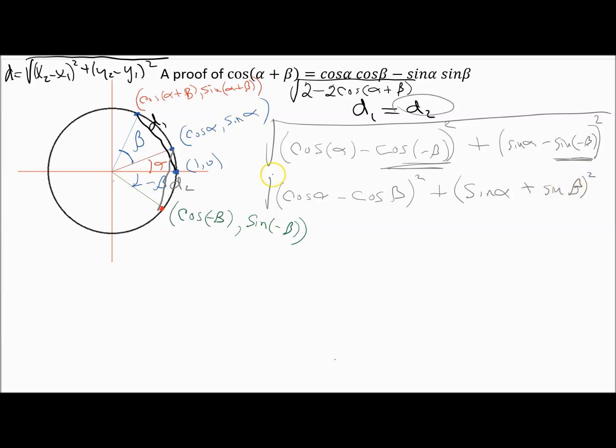And that's still squared. Now I'm going to do lots of simplifying. I'm going to multiply cosine of alpha minus cosine of beta times cosine of alpha minus cosine of beta, and sine of alpha plus sine of beta times sine of alpha plus sine of beta. So it's about to get big.